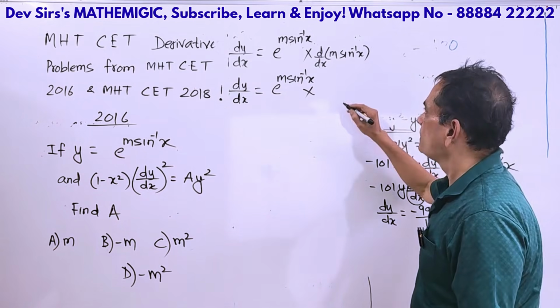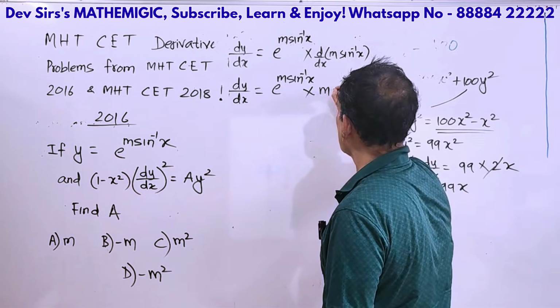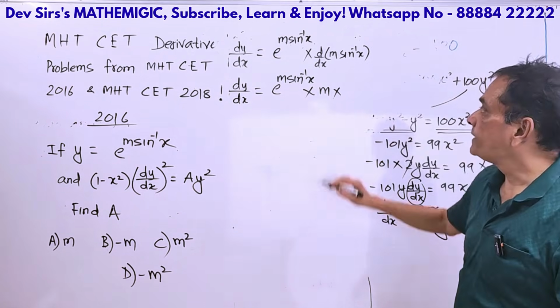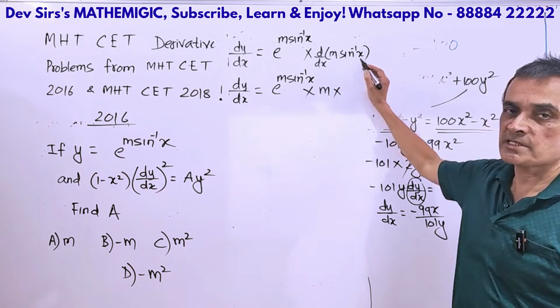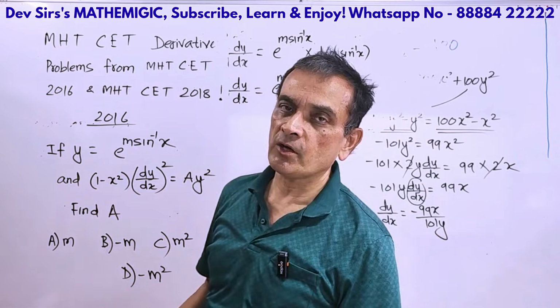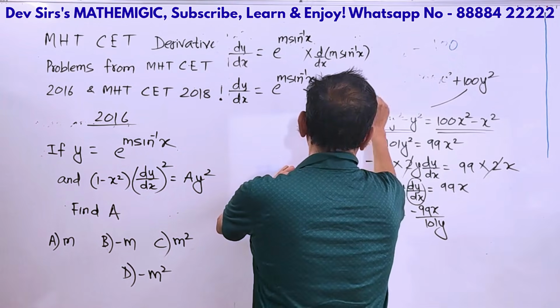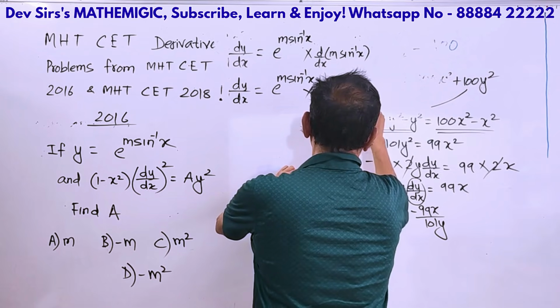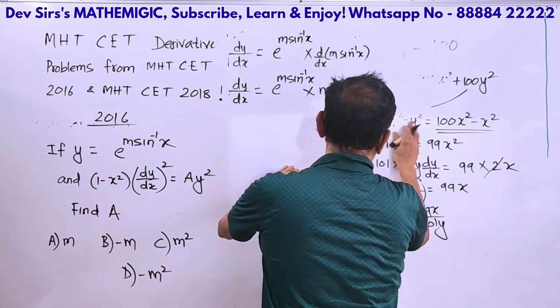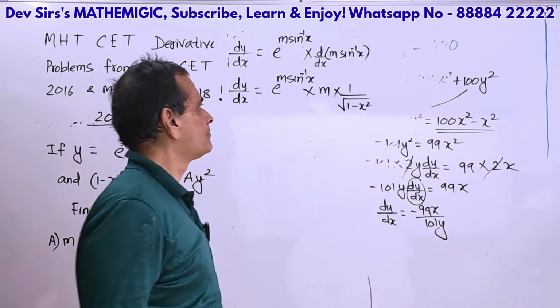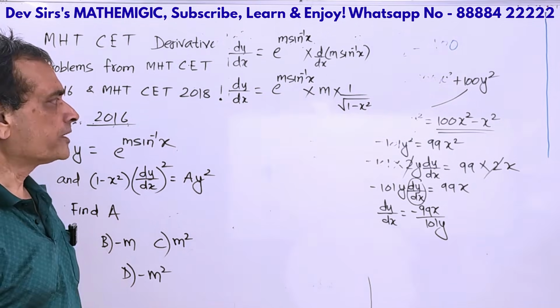How will you find? M constant बाजू को रखो. Derivative of d by dx of sin inverse x. Now you should know certain formulae. Derivative of sin inverse x is 1 upon root of 1 minus x squared. Okay.